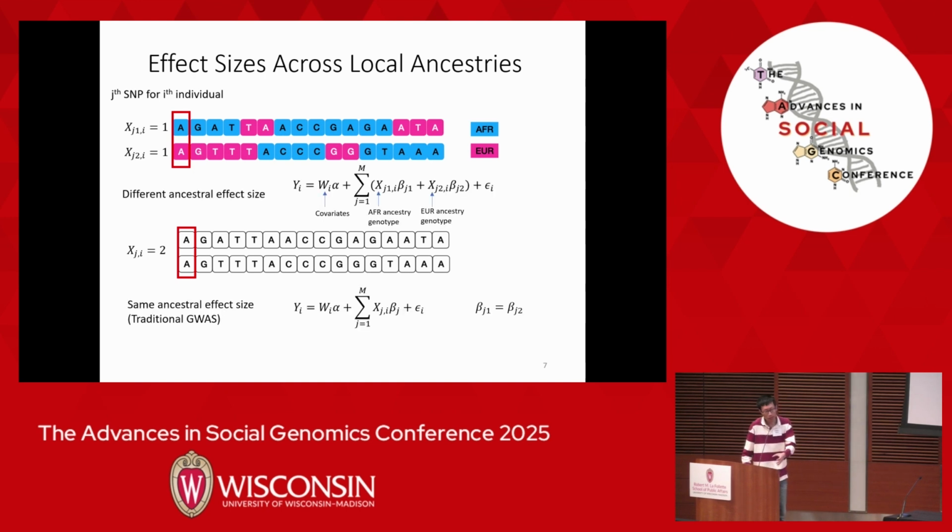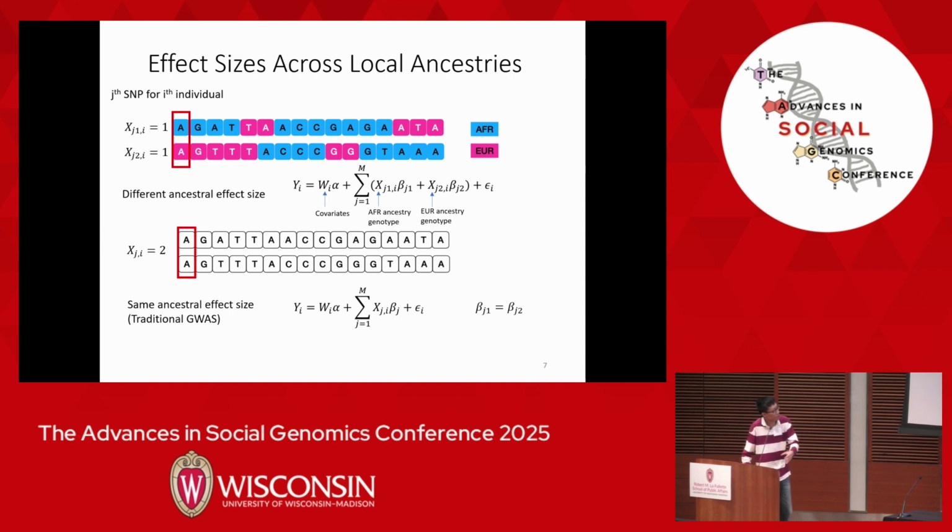So under the different ancestral effect sizes, we can describe the linear relationship of the phenotype regarding their ancestral dissolved genotypes, along with the covariates like age, sex, and PCs. We are mostly interested in estimating the ancestral effects across the local ancestry.